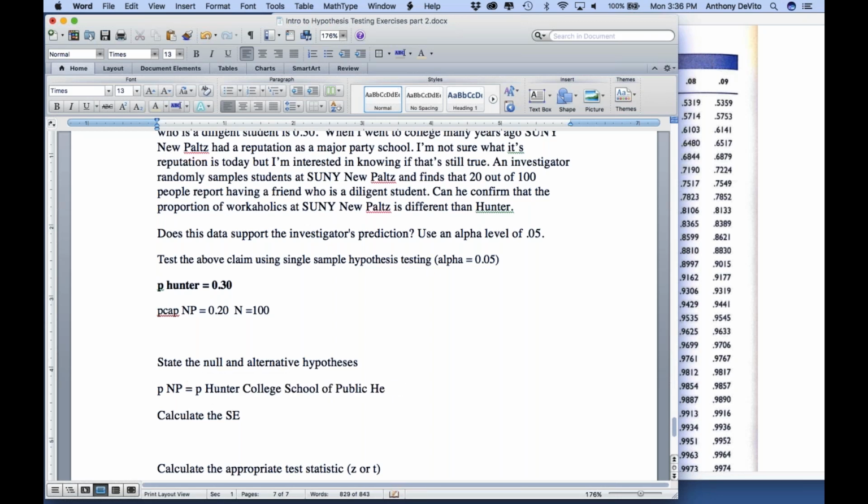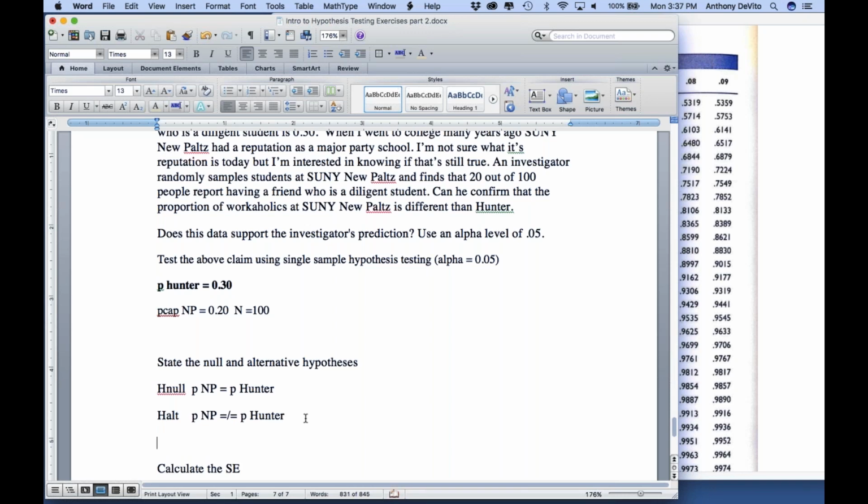And our alternative hypothesis is going to be that P for New Paltz is not equal to the proportion for Hunter. This is going to be our H null, and this is going to be H alt, the alternative hypothesis.